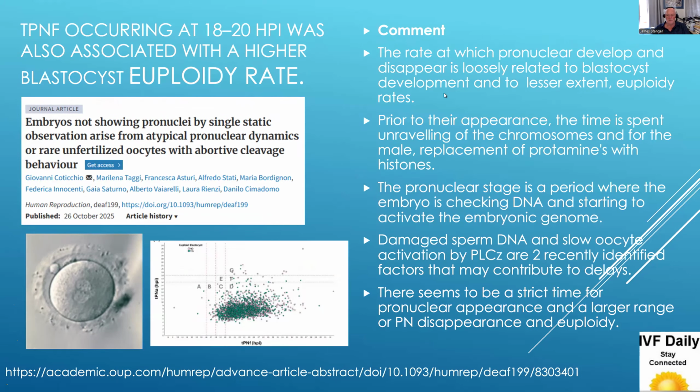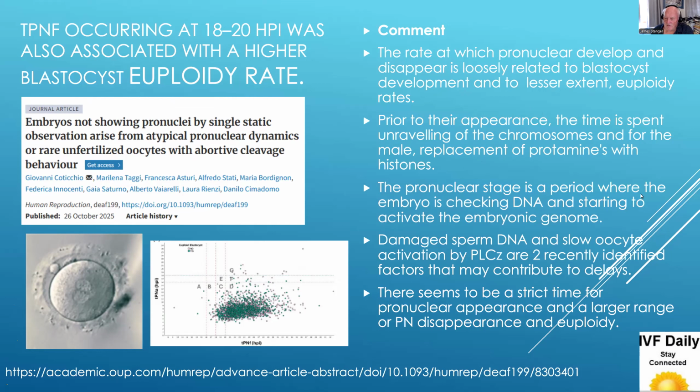So the comment here is that the rate at which pronuclei develop and disappear is loosely related to blastocyst development and, to a lesser extent, to euploidy rates. Prior to their appearance, the time spent unraveling the chromosomes and, for the male, the replacement of the protamines with histones takes a long time. The pronuclear stage, it's really amazing, gets done within 10 hours or so.